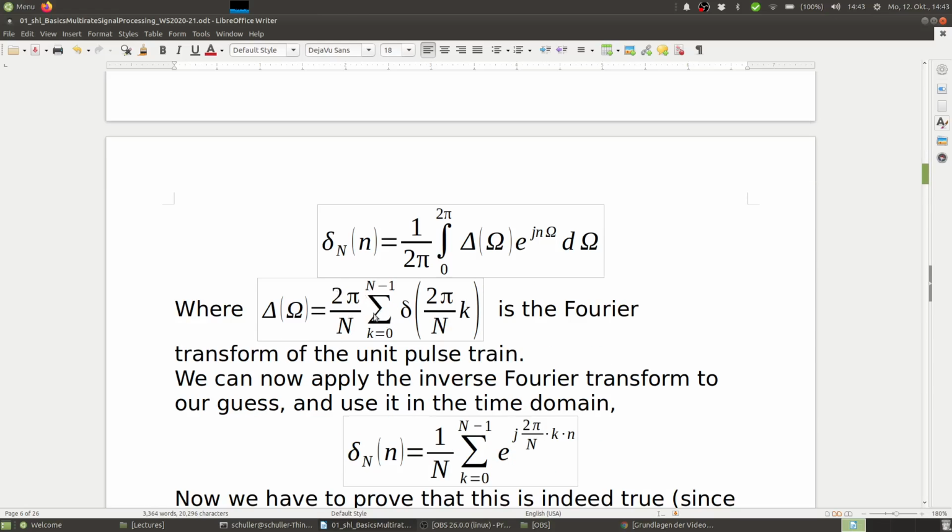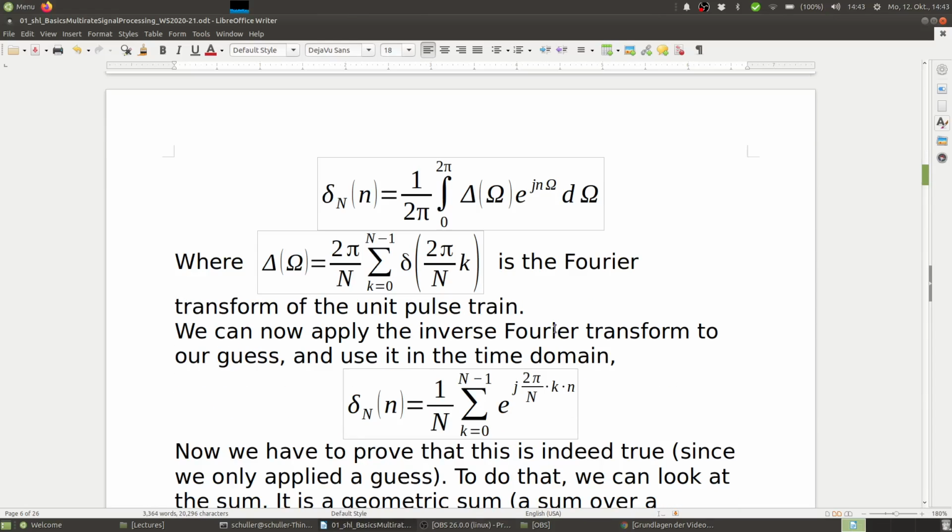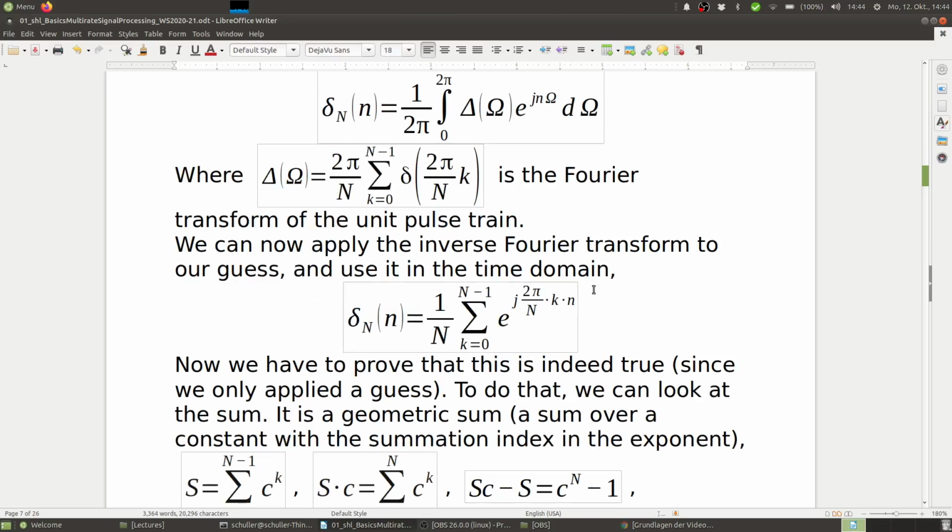So for now it's not really so obvious, but it becomes obvious. So this should be the Fourier transform of the unit pulse train. And we can test it by plugging this assumption into this inverse Fourier transform, and then we should obtain the unit pulse train here, right? So this is our test if our guess is correct.